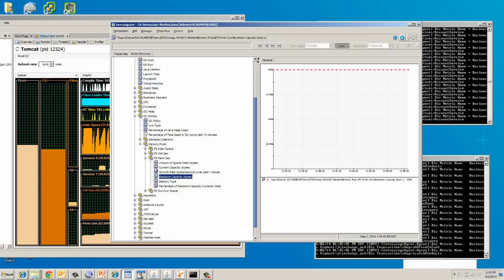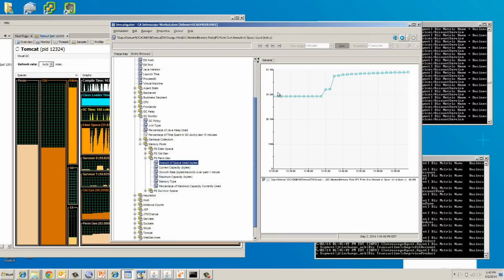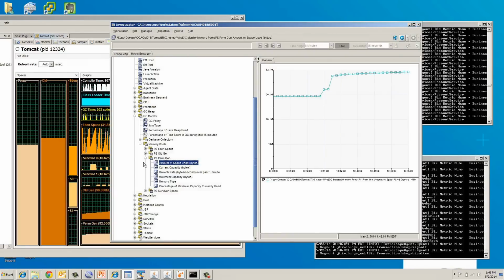Then I look at the amount of space used, and I can see that I'm using about 50-something megs, and those contain my class definitions. Okay, good. You can see this is not going to go up and down. This is pretty much going to stay steady.